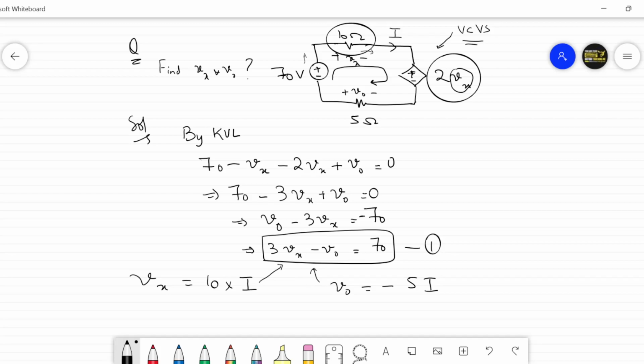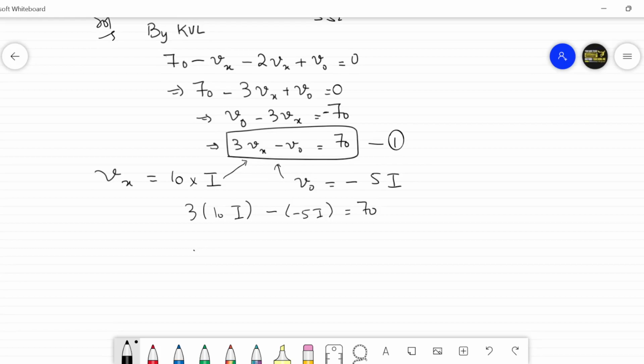Substituting both these two equations here, you have 3 into 10I minus 5I is equal to 70, which implies 30I plus 5I is equal to 70, that is 35I is equal to 70, so I is equal to 2 amperes.